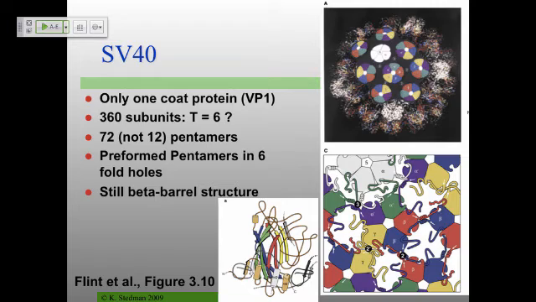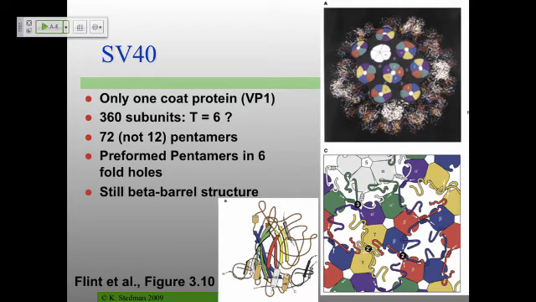How many pentamers do you need? You need 12 pentamers. You need 12 of your pentagons to make your icosahedron. So 5 times 12 is 60, or you can think about the 20 faces, 3 each in those faces, so 60.